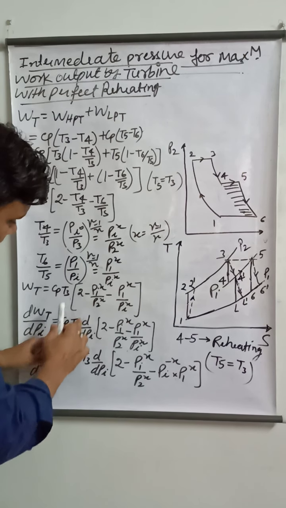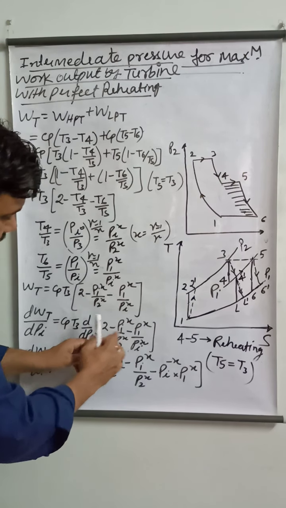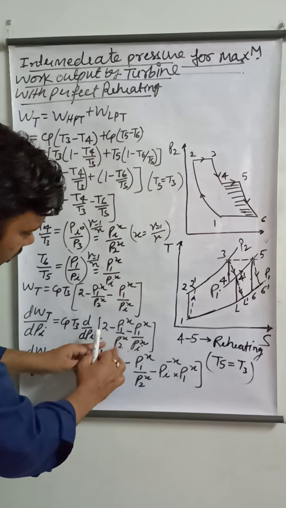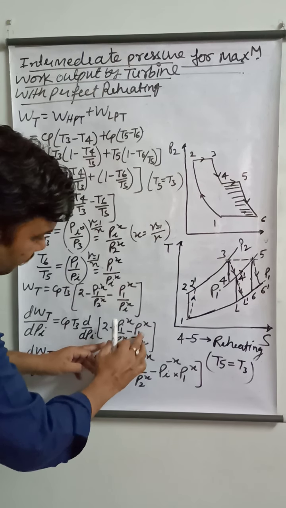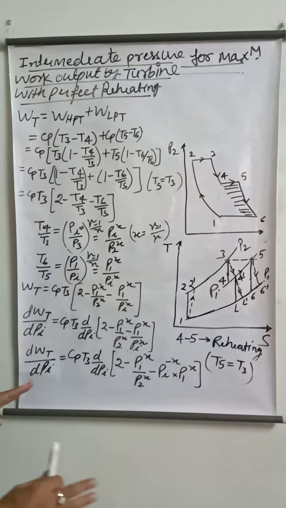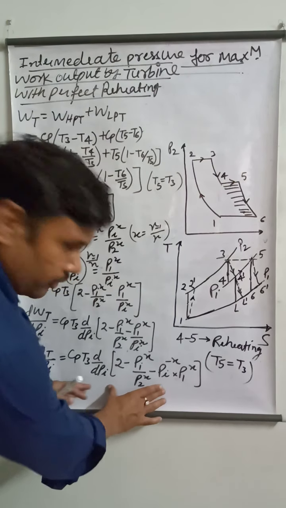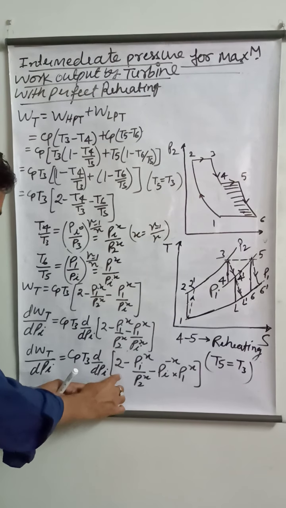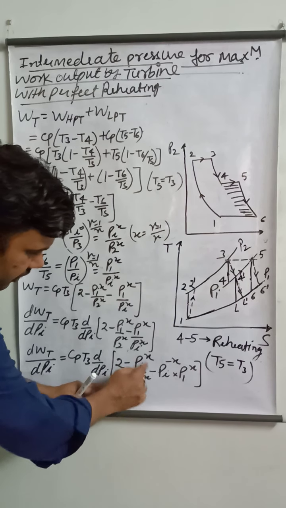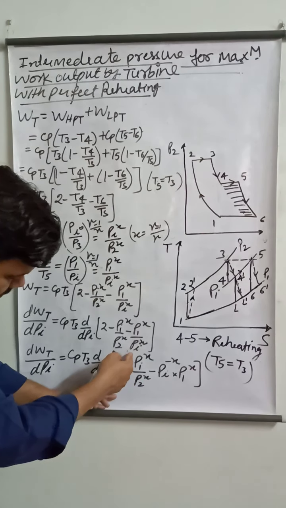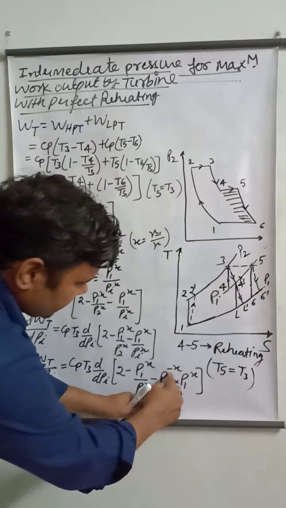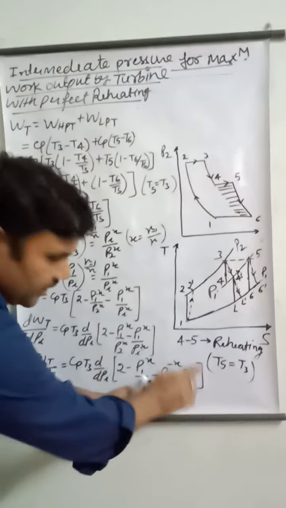So Cp T3 d over dPi (2 minus Pi power x upon P2 power x minus P1 power x upon Pi power x). On differentiating, the Pi power minus x is taken from the denominator to the numerator, giving minus x into P1 power x.